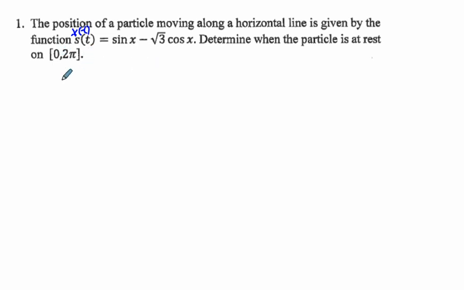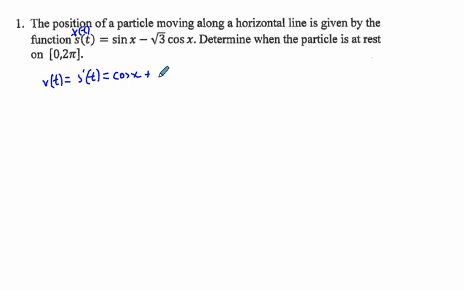So we're going to have v of t equal to s prime of t, and that's going to be equal to the derivative of sine x, which is cosine x. The derivative of square root of 3 cosine x is going to be negative sine x, but it's going to switch the sign here because the derivative of cosine is negative.